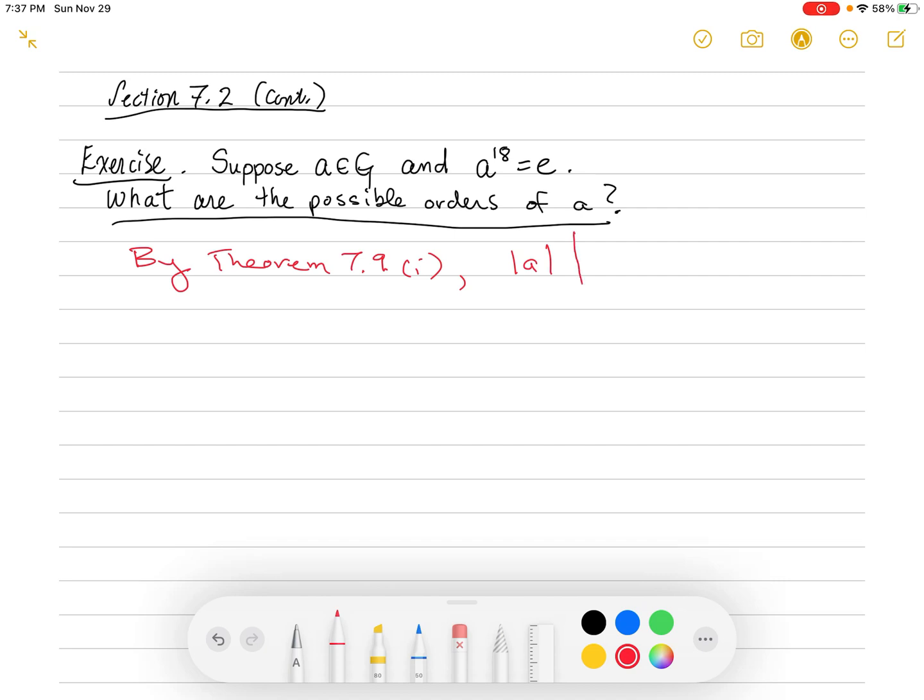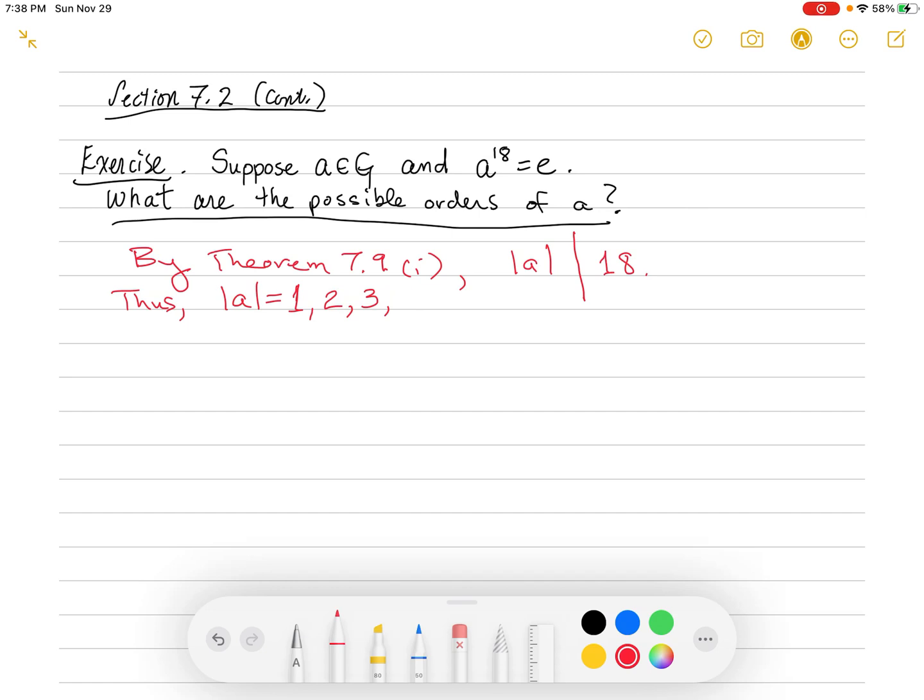Part 1. The order of A divides 18. And of course, it's positive, right? It's the smallest positive integer that you can raise A to get the identity. So that means the order of A could be 1, because 1 divides 18. It could be 2, because 2 divides 18. It could be 3, because 3 divides 18.